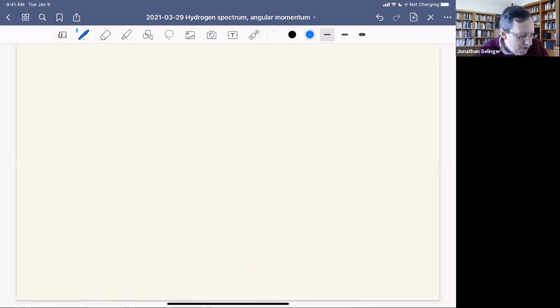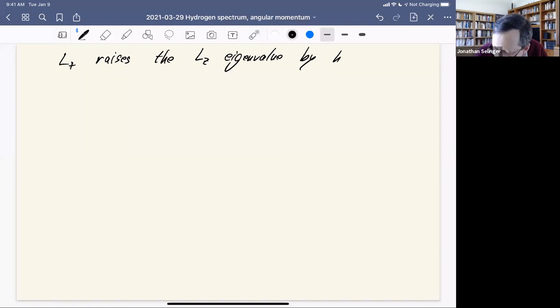Okay, so we could say L plus raises the LZ eigenvalue by H bar. And L minus lowers the LZ eigenvalue by H bar.